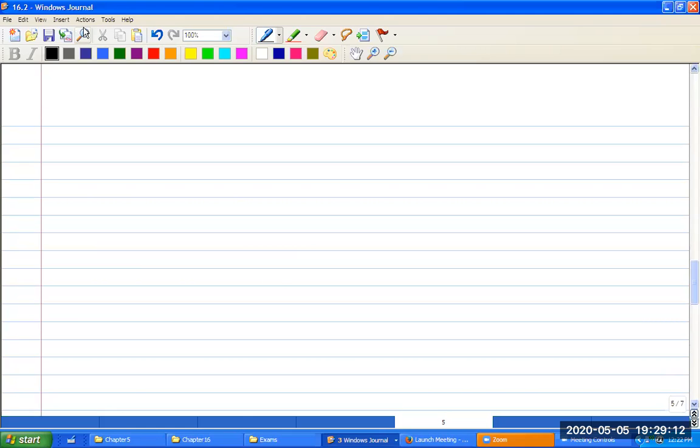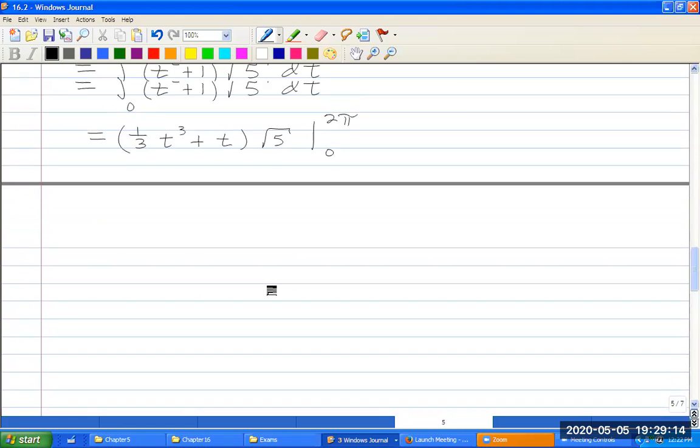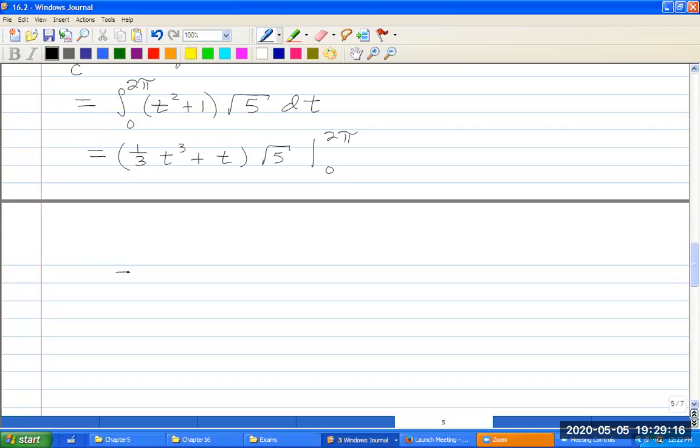Let's do that. So this is equal to, let's plug in 2 pi. So this is 1/3 times 2 cubed, that's 8 pi cubed, plus 2 pi minus 0, if you plug in the 0, times rad 5.